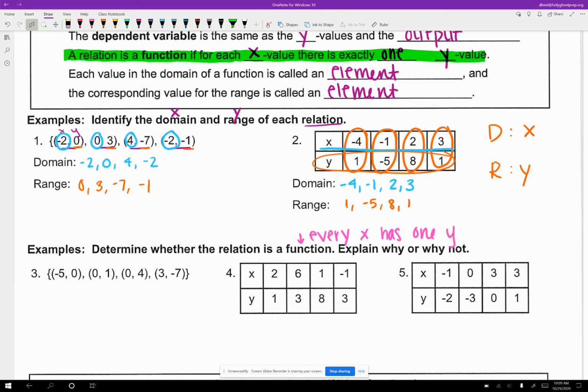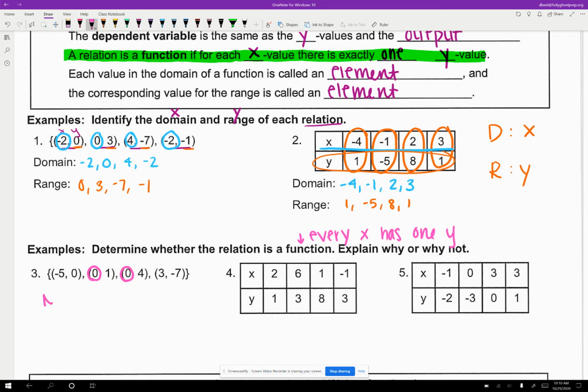So in example 3, I've got -5 with 0, 0 with 1, 0 with 4, and 3 with -7. And I notice that I have the x value 0 listed twice.